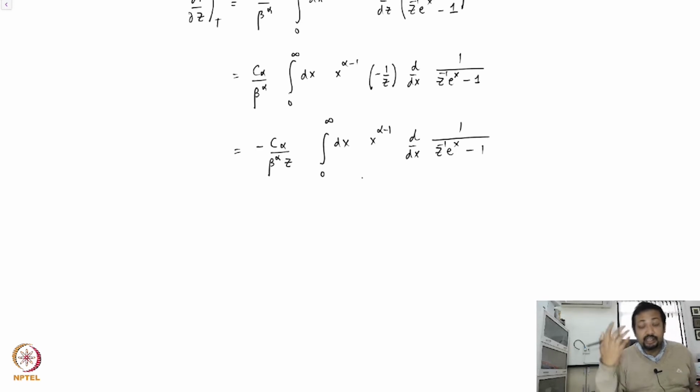Now this integral again I know how to handle, and we do just integration by parts.